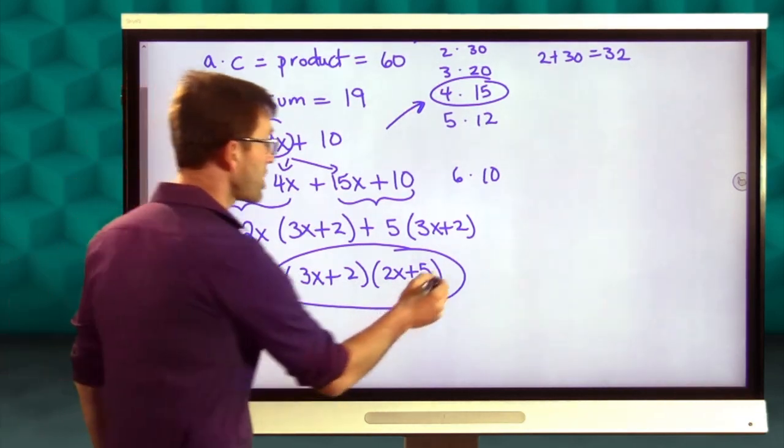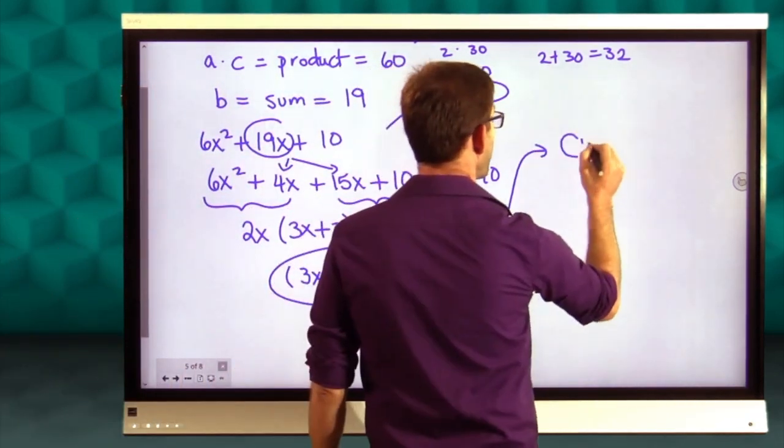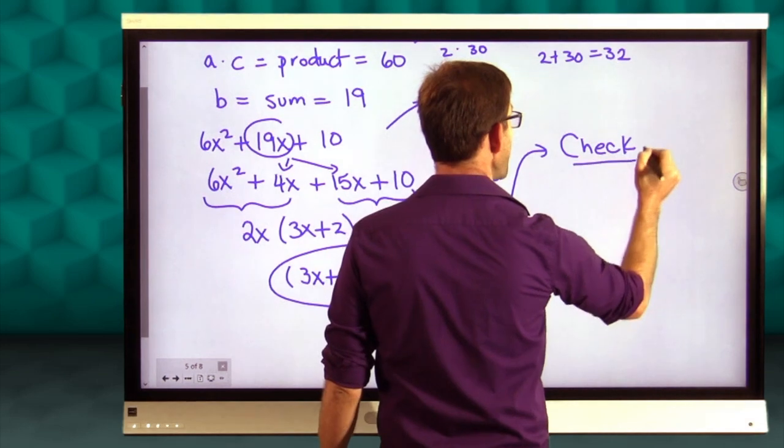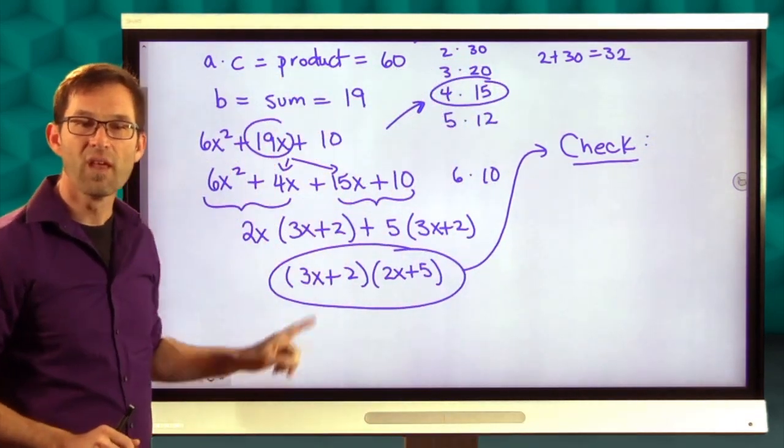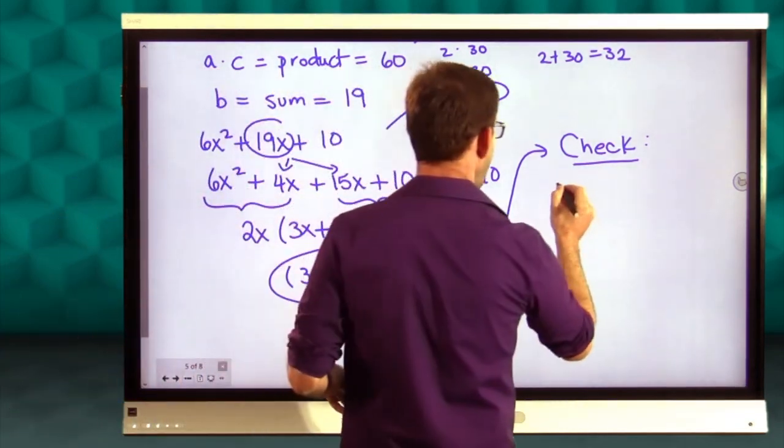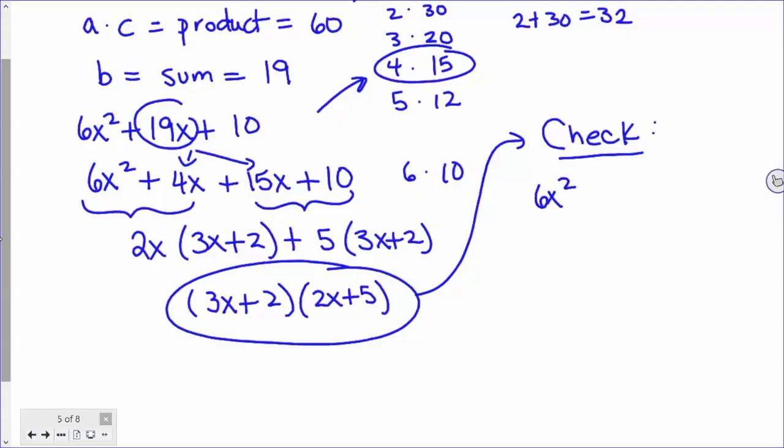We can easily check. It's funny because the check here is literally going to just reverse these steps. In other words, if I do my foiling, I get 3x times 2x, which is 6x squared. I get 3x times 5, which is 15x. I get 2 times 2x, which is 4x.